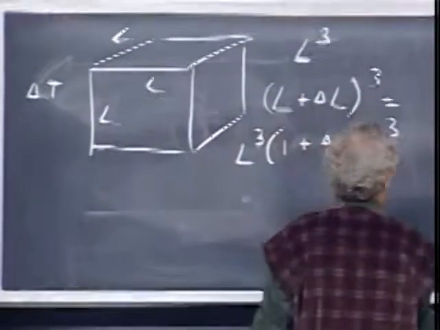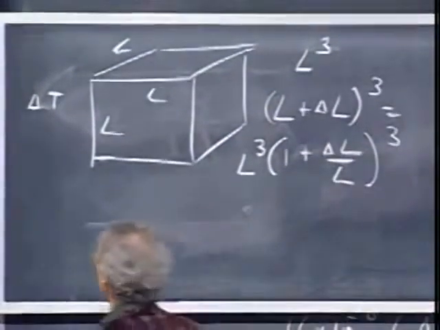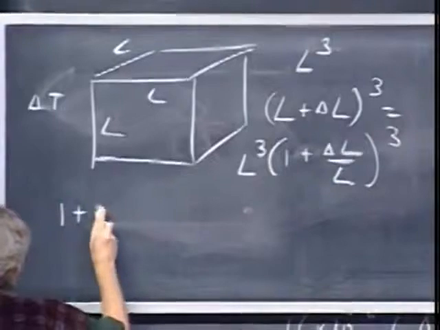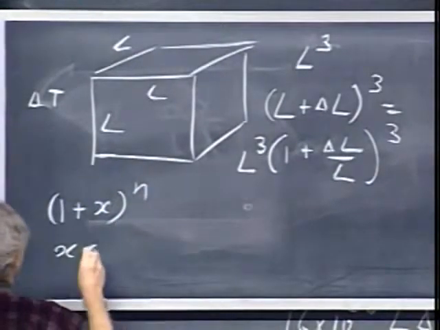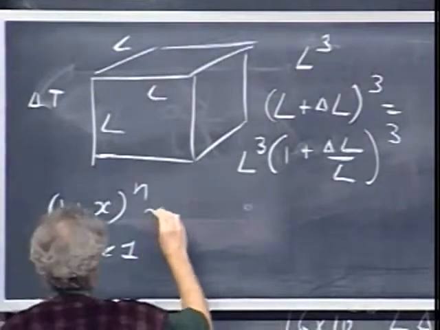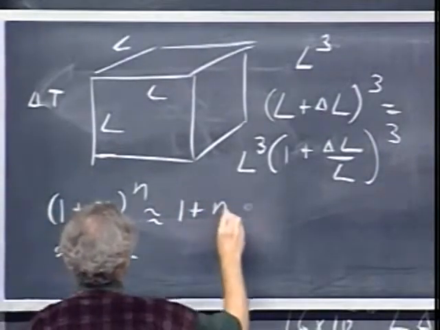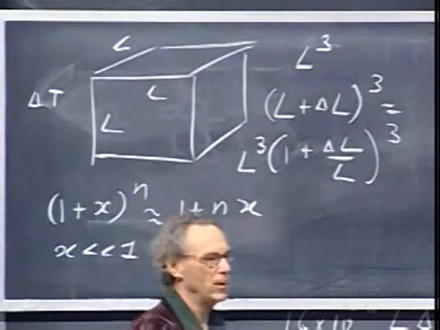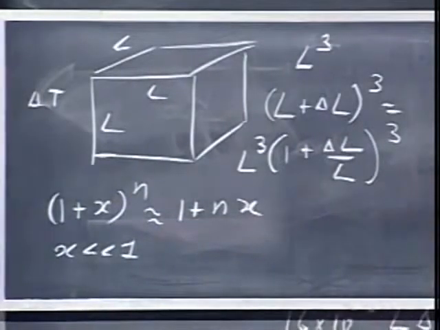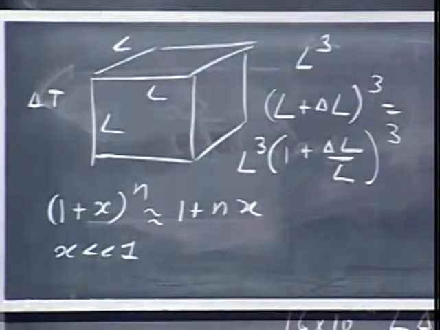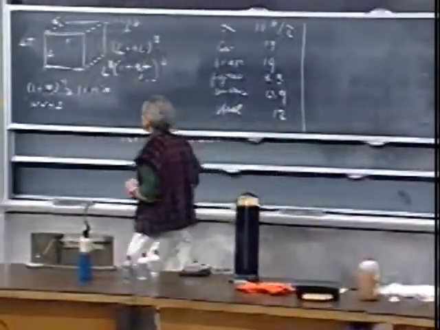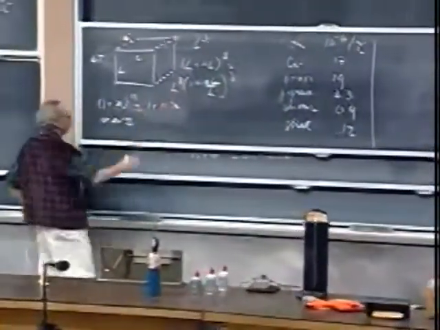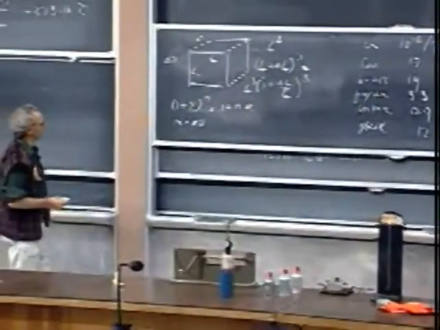Now perhaps you remember, or at least you should remember, that (1 plus x) to the power n, in case that x is much, much smaller than 1, is approximately 1 plus nx. We've used that before when we discussed the Doppler shifts, lights from receding stars. This is called the binomial series, binomial expansion. It's really the first order terms of the Taylor expansion.